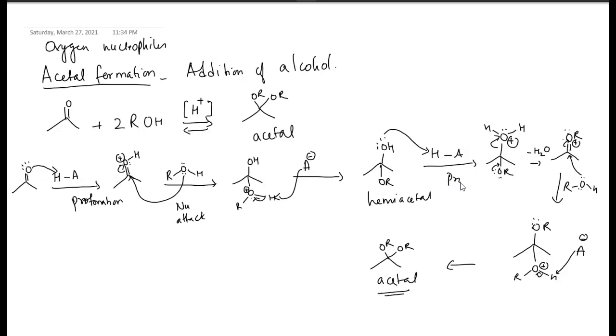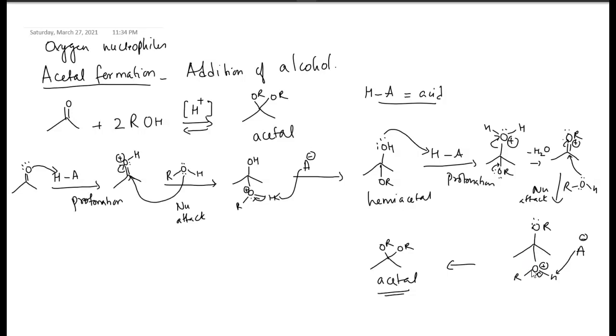Protonation again. See, here it is protonation with the acid. Now remember, HA is my acid. So protonation with the acid, you get this intermediate species. Then the water molecule is removed, and here is where you have your nucleophilic attack a second time with the alcohol.